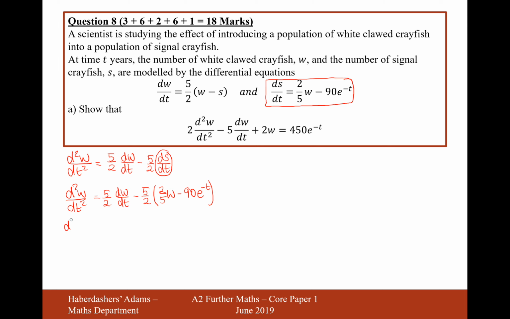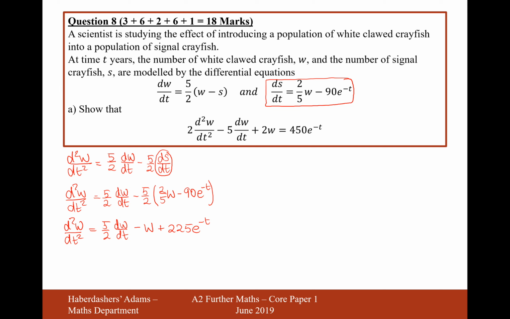We're going to get d squared w by dt squared equals 5 over 2 dw by dt minus, now these two fractions will cancel out here, so it's just minus w, and it's going to be a plus. Now I need to know what 5 over 2 times 90 is. That's going to be 225. So it's going to be plus 225 e to the minus t.